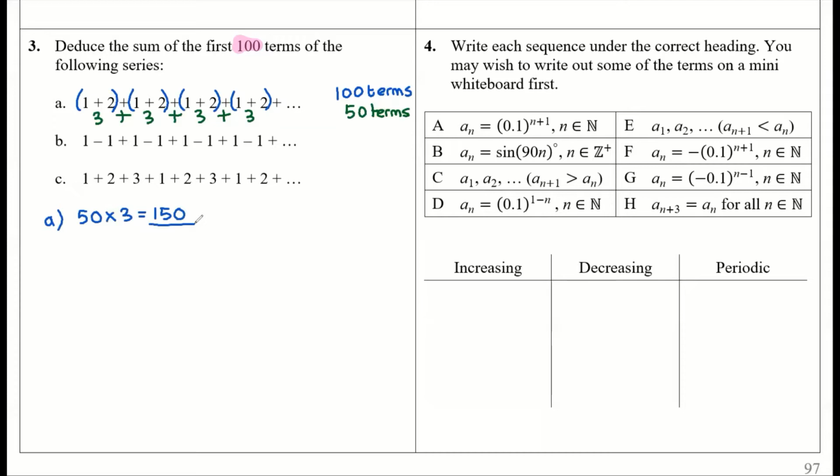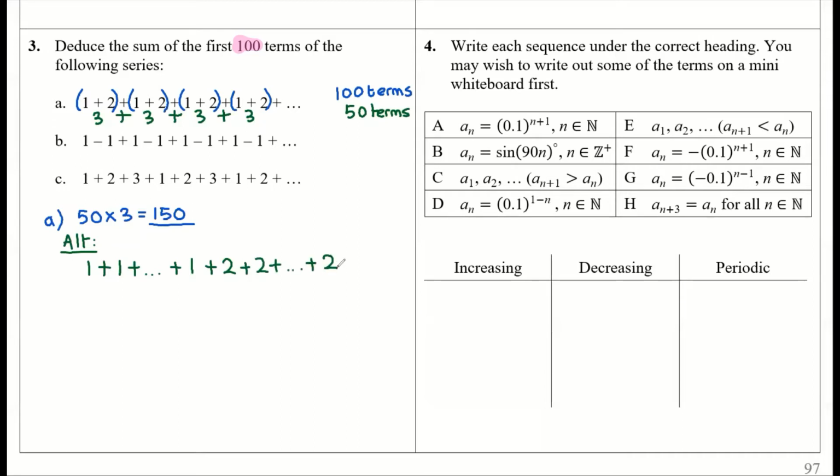Second way to do it, I'm just going to show you an alternative, if that's okay. The alternative depends on your thought process, doesn't it really? Notice we've got a pattern alternating between 1 and 2. What if I reorder this series? What if I say, okay, I'm going to put all the 1s together, and then I'm going to put all the 2s together, like that.